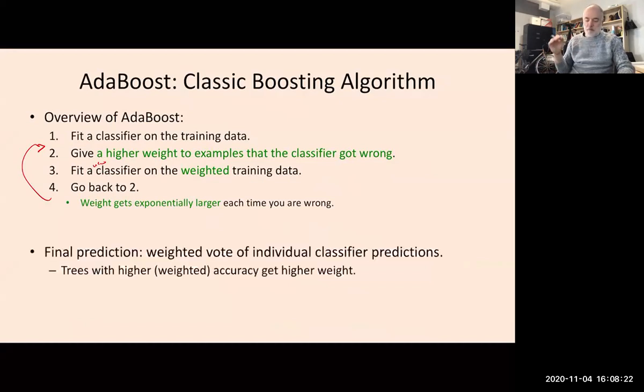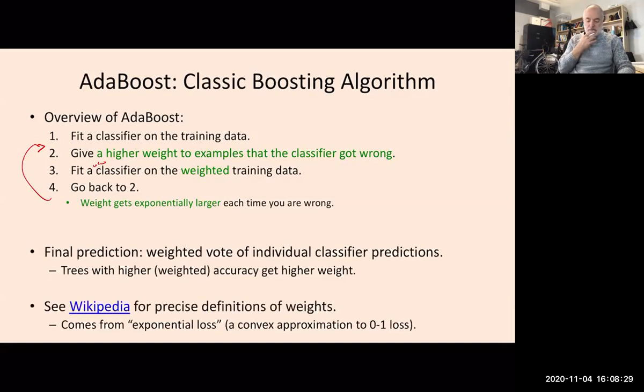The final prediction is a weighted vote of the individual classifier predictions, where the trees with higher weighted accuracy get higher weight. The derivation for AdaBoost is extremely tedious. You can look it up on Wikipedia. It's not that hard, but it's long and tedious.